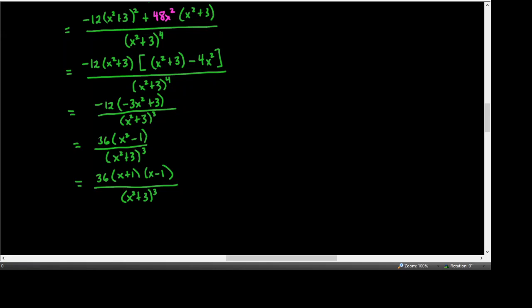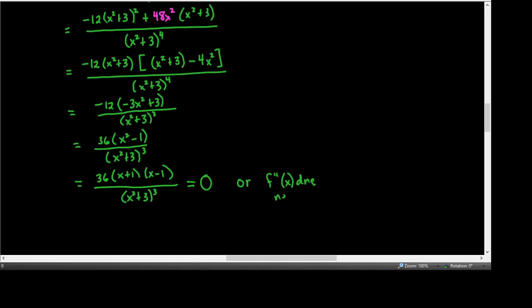And you do want to get that simplified and in factored form because we're about to set that equal to 0, just like we did with the first derivative. This is the second derivative. We set equal to 0. We also consider if there's any number x that would make the second derivative fail to exist. There is no real number x that if you were to square it and then add 3 that you get 0.